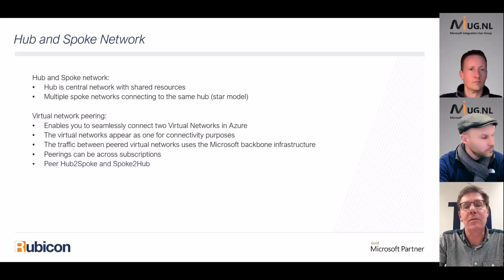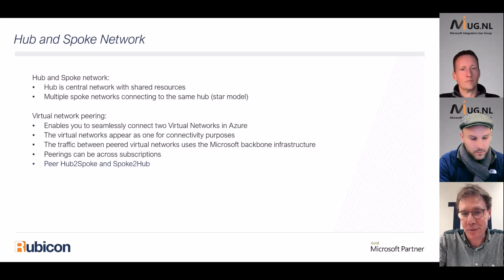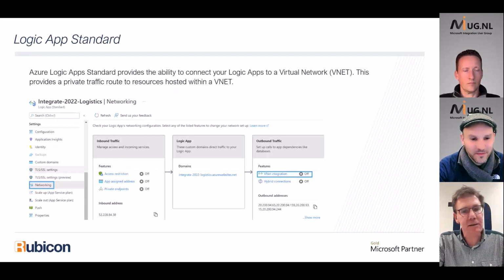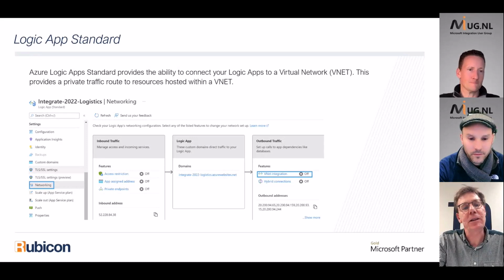Peering, I already mentioned that. I don't have to repeat it, but it's a secure connection, and it enables you to seamlessly connect two virtual networks. That's the right expression, I guess. Logic App Standard, again, I show this picture because here you can see that we have a networking section within the settings pane.